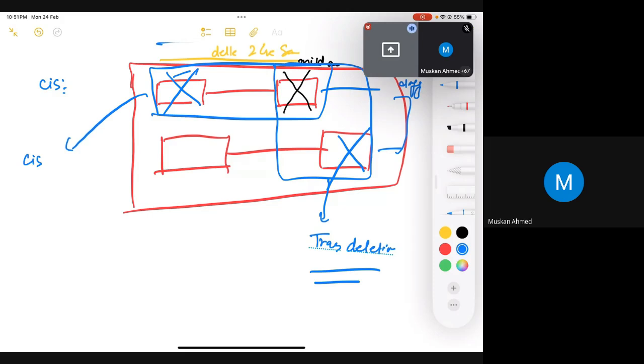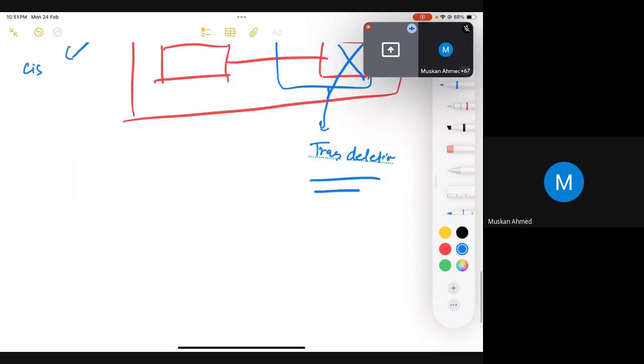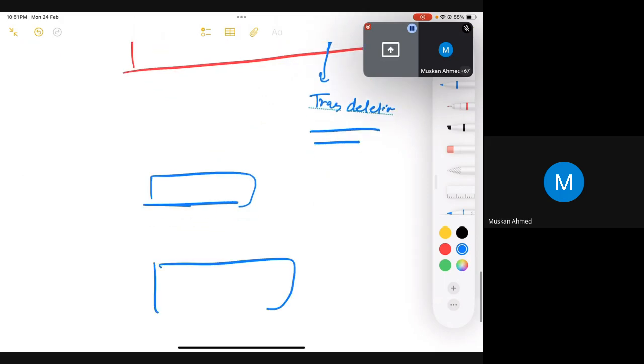But what's the problem with having cis or trans deletion? Suppose an individual has cis deletion, and let's suppose a parent, mother or father, passes this cis defective chromosome to his or her offspring. Now there would be increased chances of having thalassemia in the offspring.